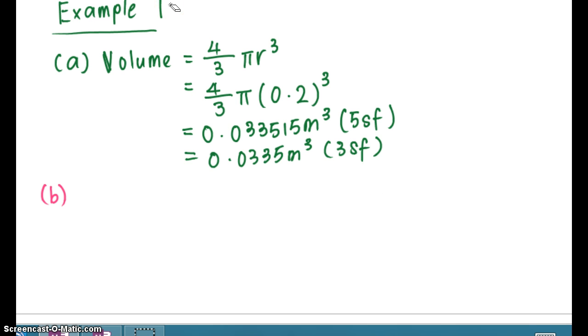In part B, the question requires us to find the mass of the sphere given the density is 7.5 grams per meter cubed. How do we calculate the mass? We must first know that density is calculated by mass over volume.